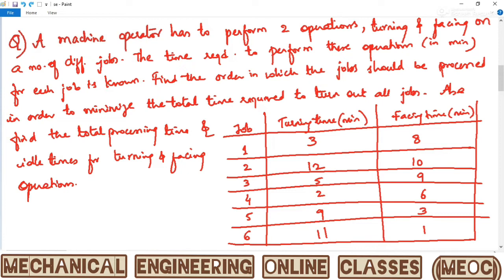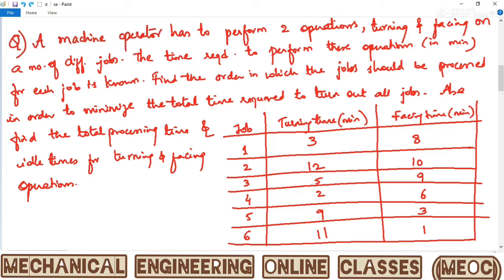Because this is an example of n jobs processing on two machines, we shall apply Johnson's rule. Another point is that the processing order should be fixed. Nothing is mentioned like facing should be done first and turning next, but in the question it is mentioned turning and facing. So first every job should go to the turning machine, and once turning is done, it must go for the facing operation.